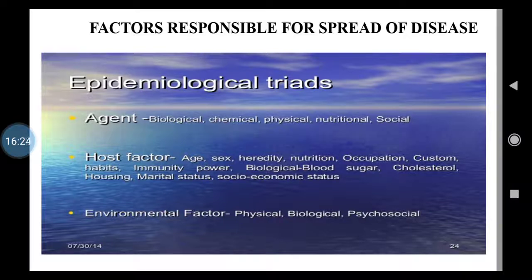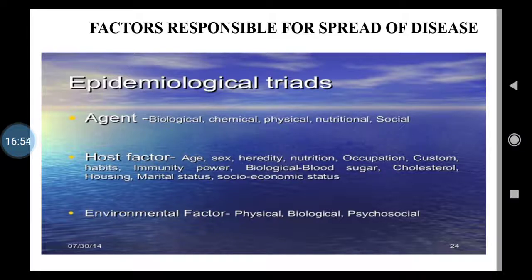If we take care of the environment, then the environment takes care of us. So a healthy environment is favorable to the host, and if the environment is not healthy, if it is unhygienic, then it is favorable to the disease agent. And if the environment is favorable to the disease agent, it will cause disease.